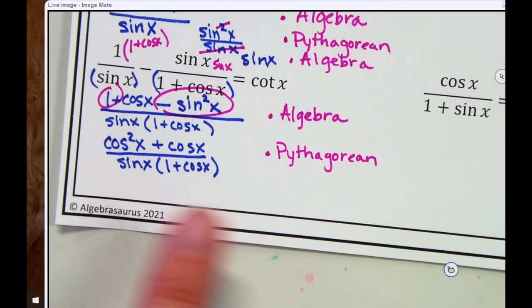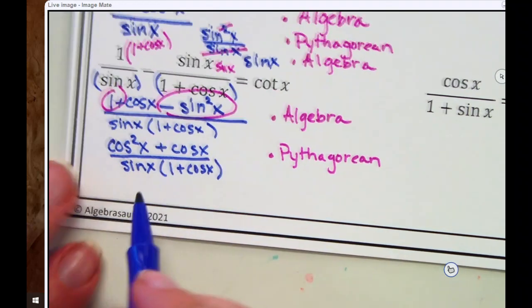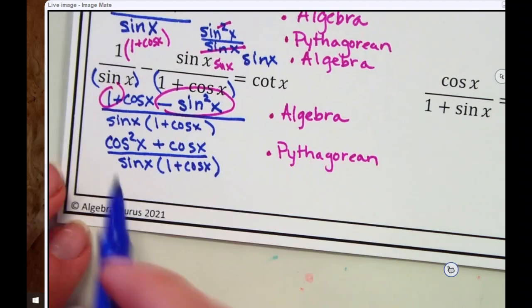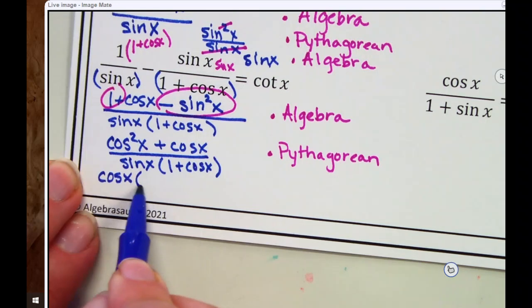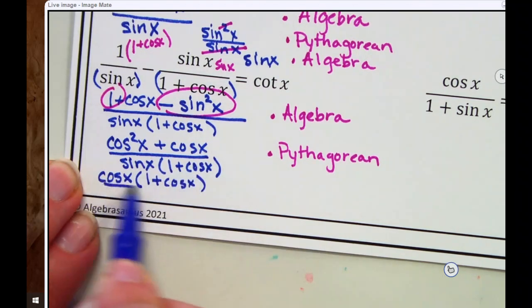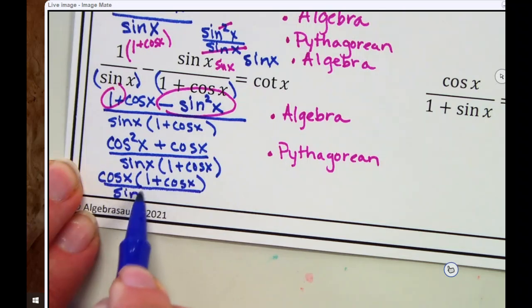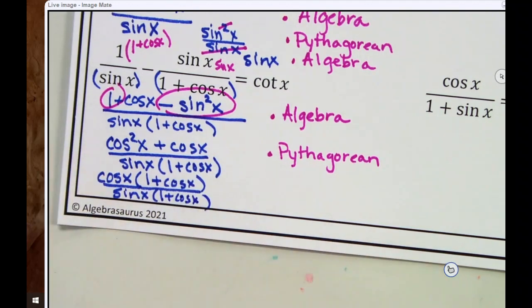Now here's the trick on this one. If I were to factor out a cosine of x out of the top. Look at what I did here. Let's make sure you understand what I did.